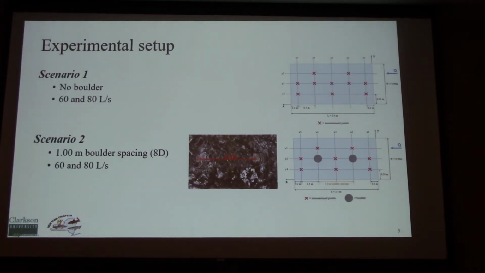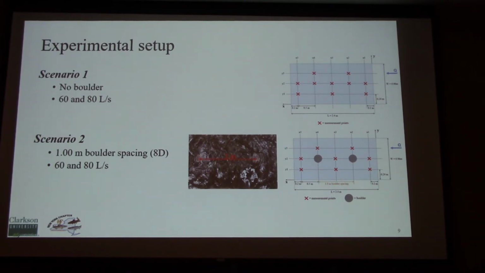So we designed 4 scenarios for our experiments. In scenario 1, we had no boulders, and we ran the flow at 60 liters per second and 80 liters per second. We measured 10 points, the red crosses in the center and sides. In scenario 2, we used boulders with 1 meter spacing, again at 60 and 80 liters per second.